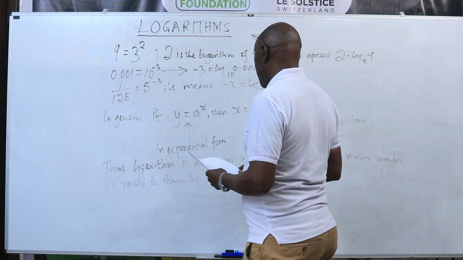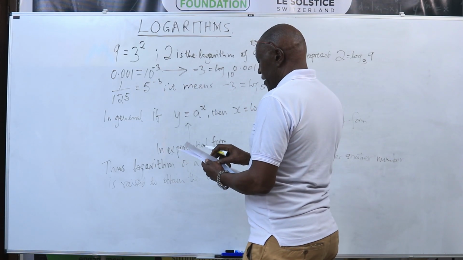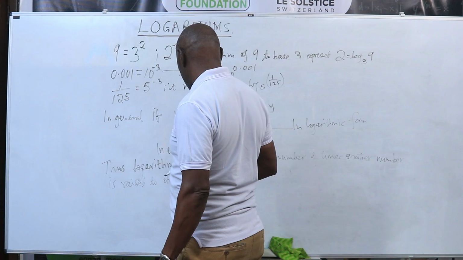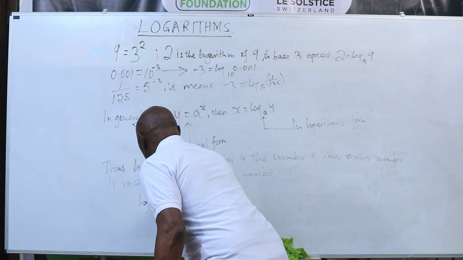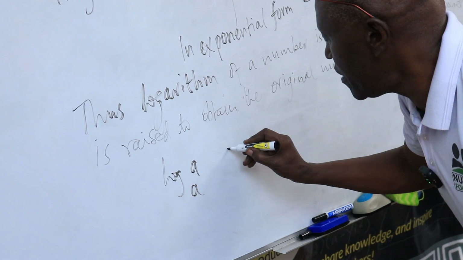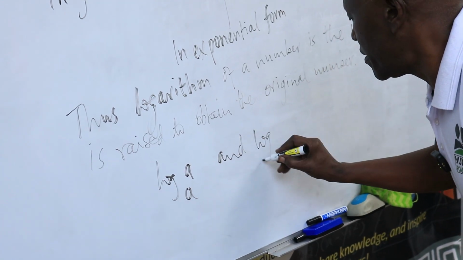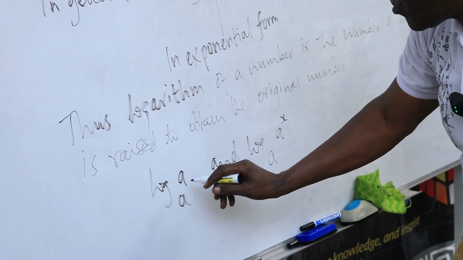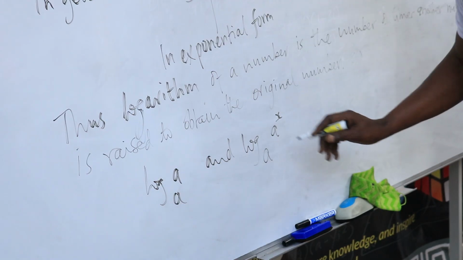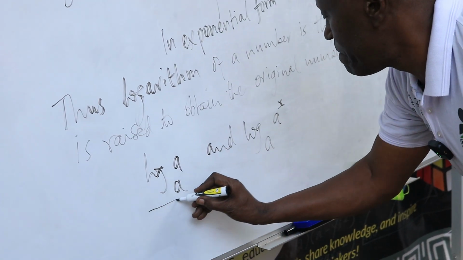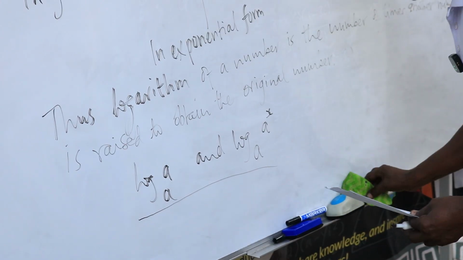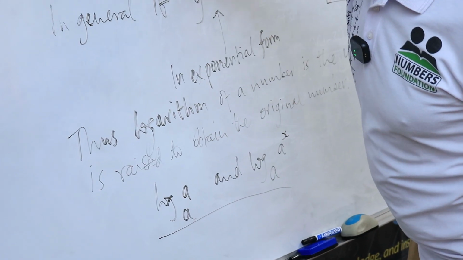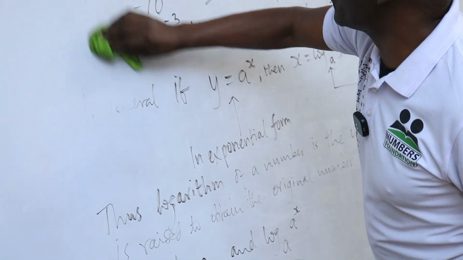After this definition of logarithm, we can go ahead into these two very important expressions in logarithms: log A base A and log A exponent X base A. Our intention is to find their values because they are very important when we'll be talking about the laws of logarithms.